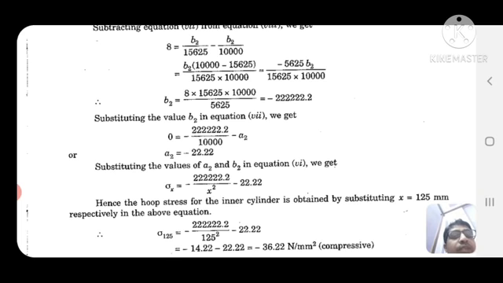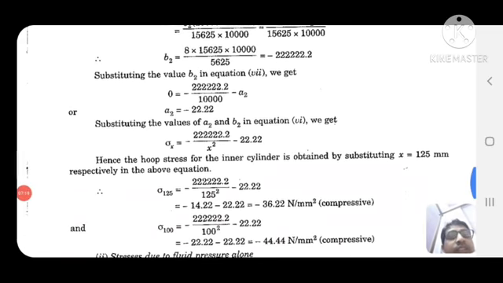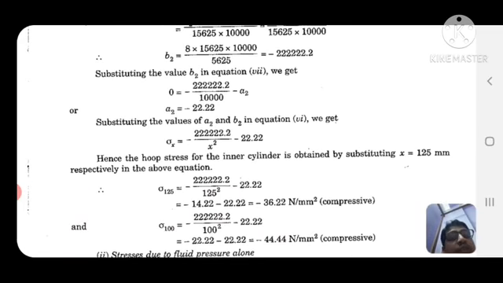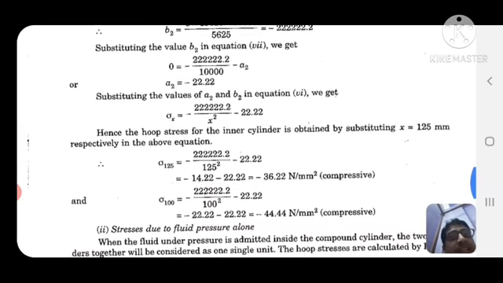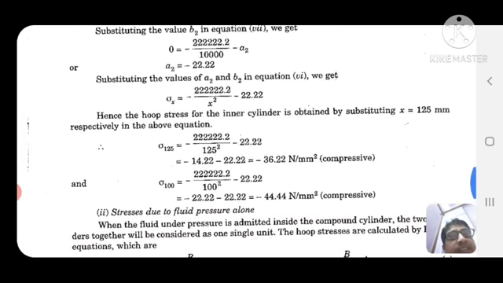Therefore, B2 equal to, after calculating, minus 222.2. Substituting the value of B2 in equation 7, we get 0 equal to minus 222.2 divided by 10,000 minus A2. So A2 equal to minus 22.22.